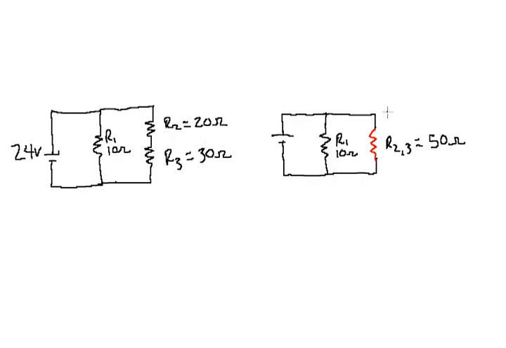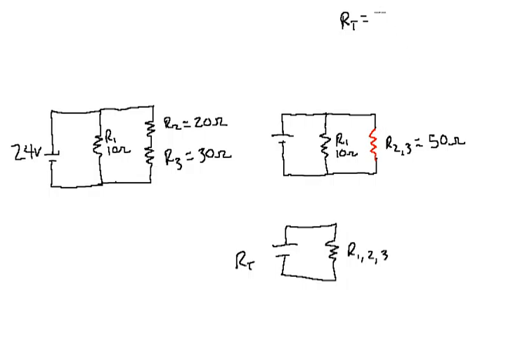Now we've got two resistors in parallel, so we have to use, well, we don't have to, but we're going to choose to use the product over the sum method to find that. We want to find RT. So we're going to take these two and squish them together to make one, which is basically R1, 2, and 3 combined, which is RT.